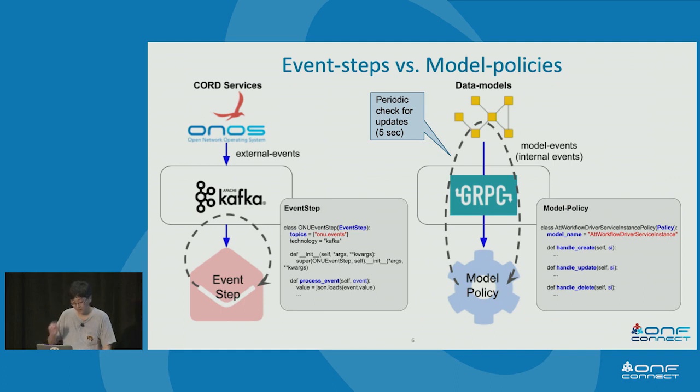On the other hand, model policies are implemented with gRPC with polling. Therefore, updates made on a data model are accumulated and detected in the next cycle. So this does not guarantee that every update made on a data model raises an event, which can make programmers confused.